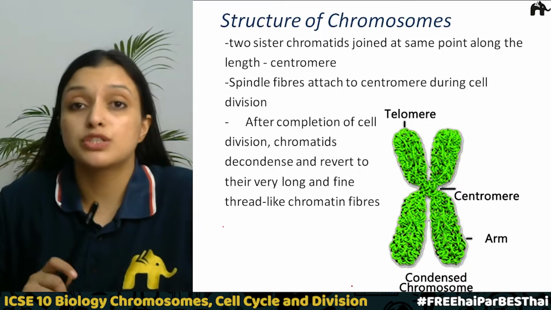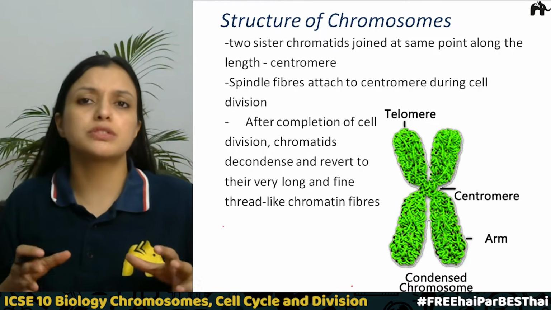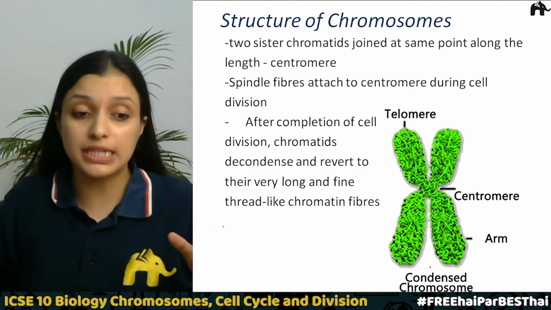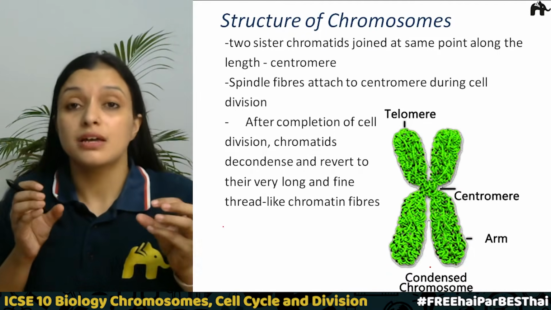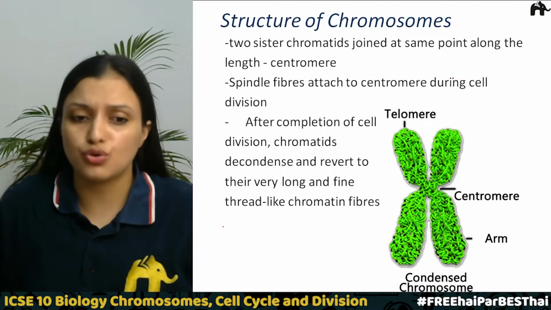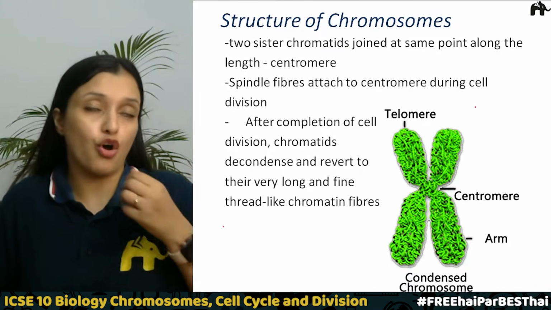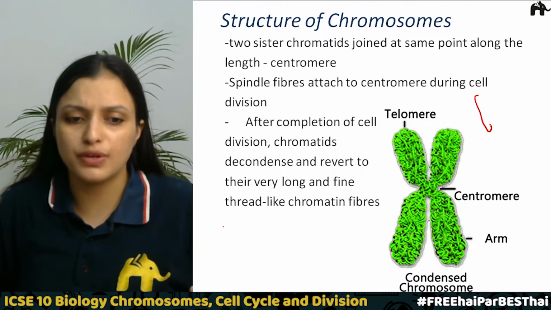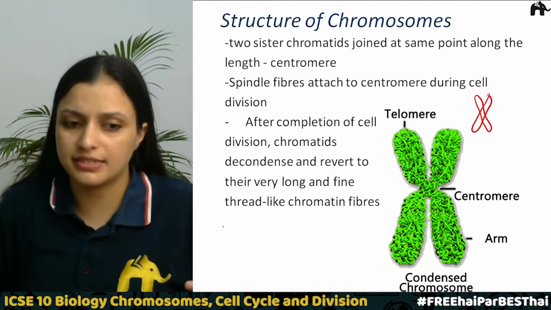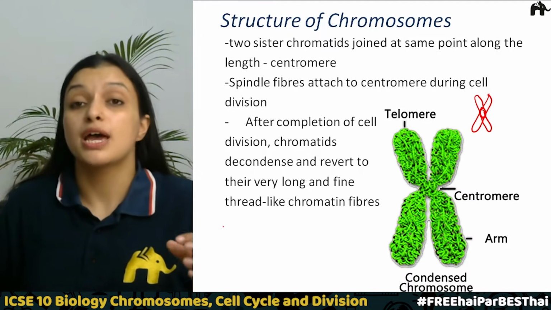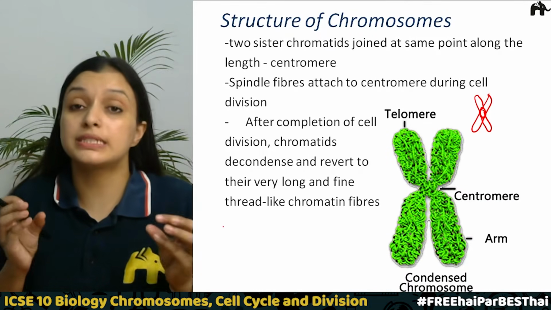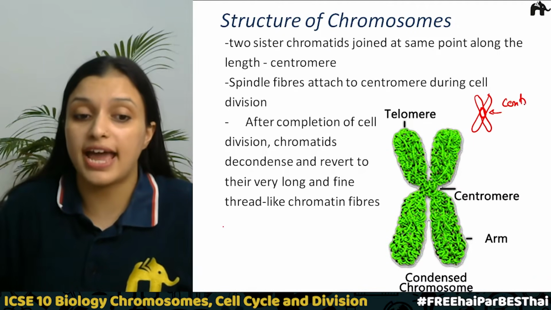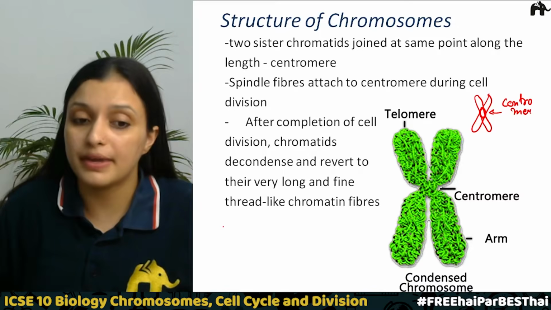Now talking about the structure of chromosomes. When we talk about the structure of chromosomes, the chromosome looks something like this, right? So this chromosome has 2 sister chromatids. When we draw a structure of a chromosome while we are talking about cell division, we draw it something like this, right? And this point where these 2 sister chromatids meet is called the centromere, right?